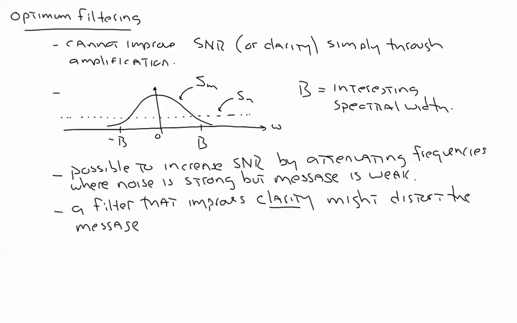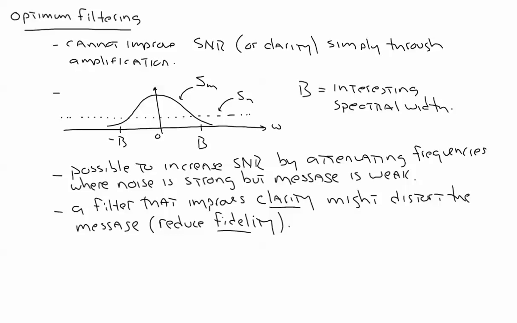When we distort the message, we reduce fidelity. If we distort a message, we reduce its fidelity.